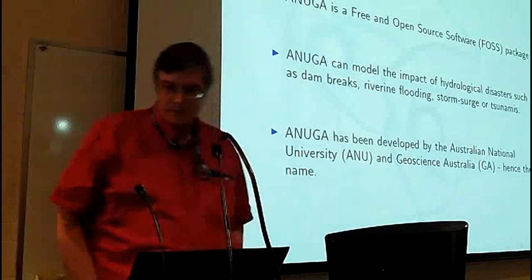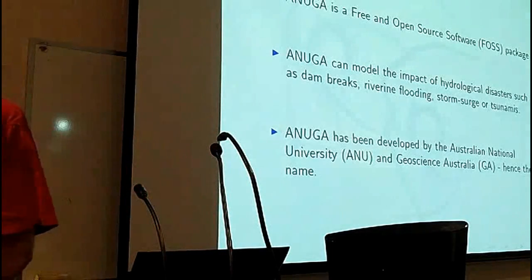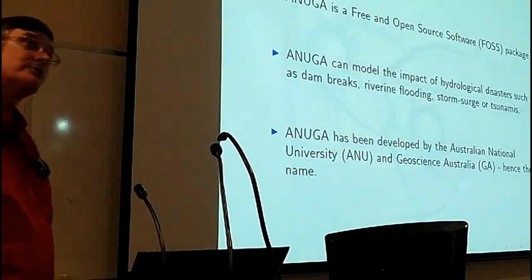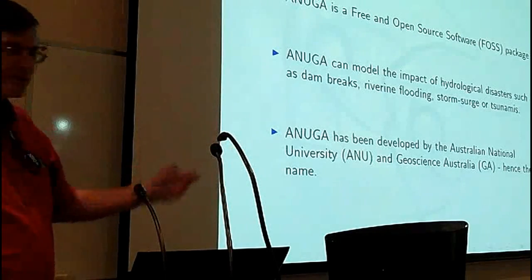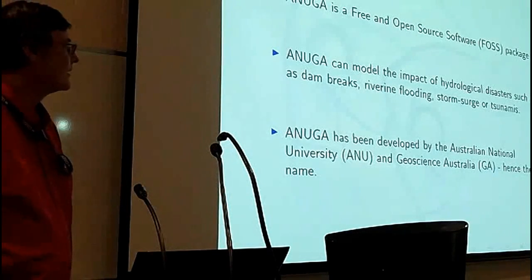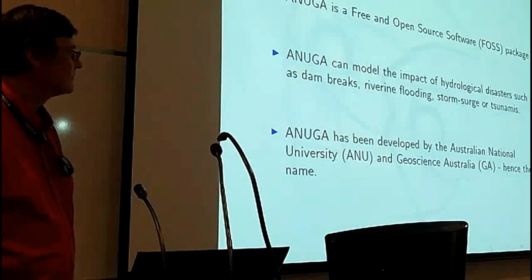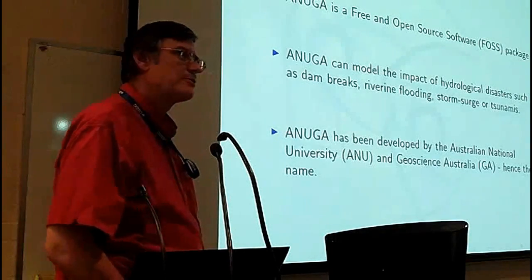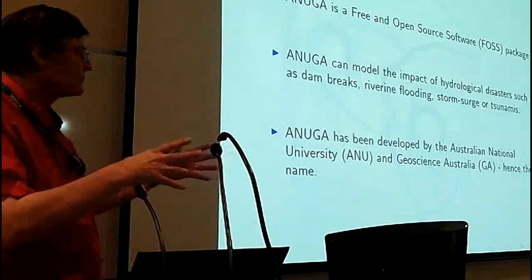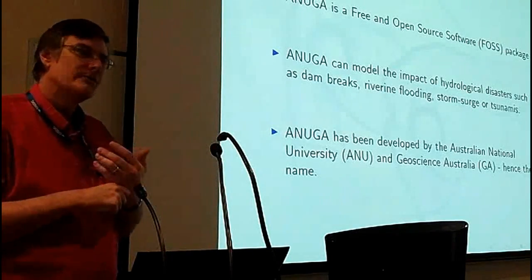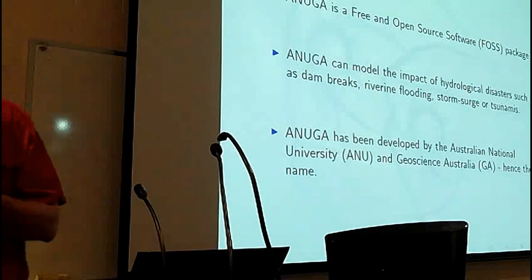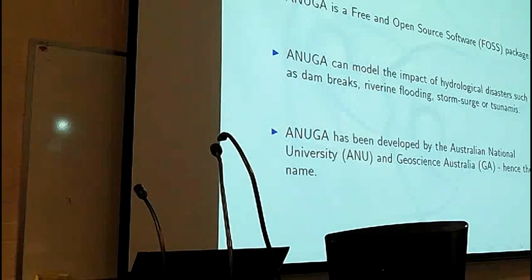Its history was actually as dam break simulation software with ACTEW, the local ACT Electricity and Water Corporation, and we wanted to do some hazard maps around water supply reservoirs, up on the top of hills but in urban areas. So we wanted to run some more sophisticated simulations than had been done in the past.